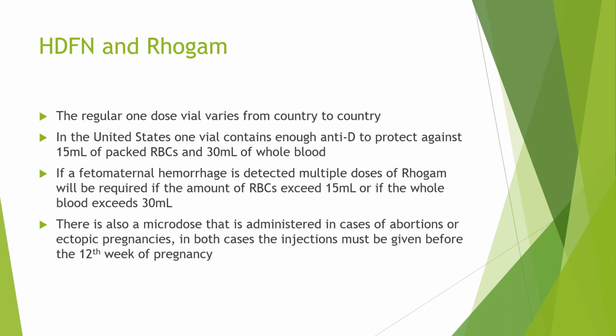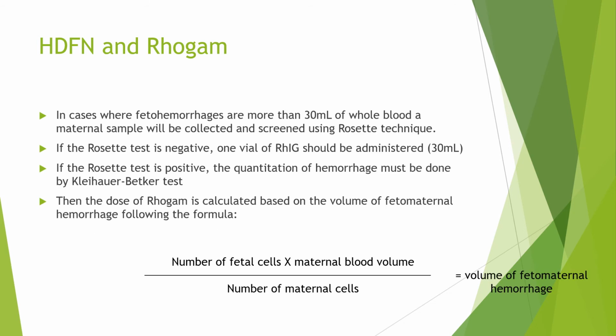In some cases, fetal-maternal hemorrhage is detected, so multiple doses of Rhogam must be administered if the amount of RBCs and whole blood exceeds the 15 and 30 mL respectively. There's also a microdose that is administered during ectopic pregnancies or in cases of abortion. In both cases, the dose must be administered no later than 12 weeks of pregnancy.